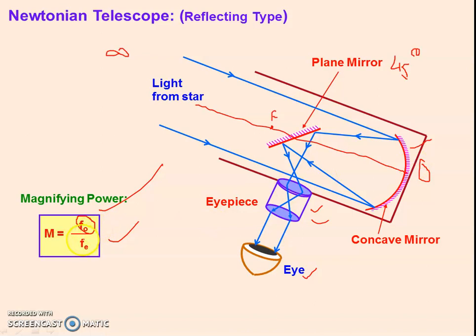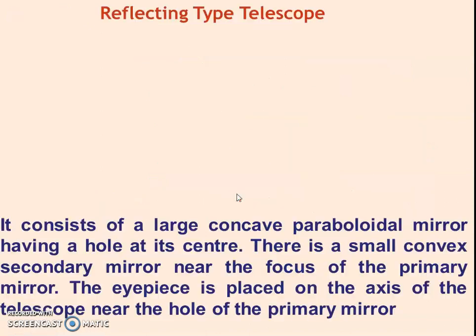This is the eye lens, so its focal length is fe, and the focal length of the objective mirror is fo. So we can easily calculate the magnifying power of this telescope, right? The objective is a concave parabolic mirror in the Newtonian type telescope.